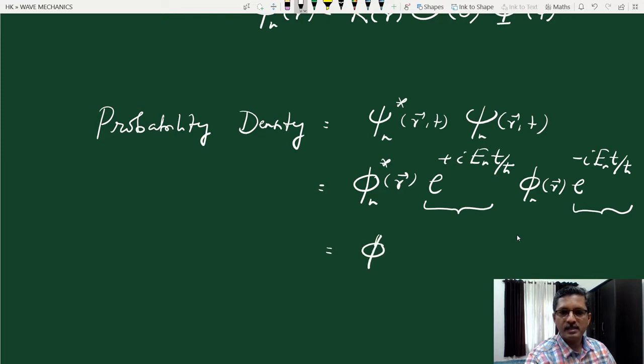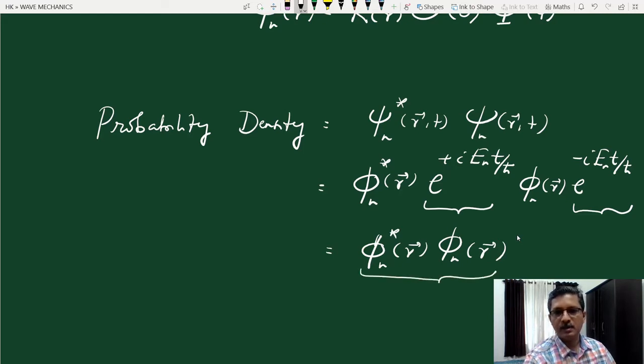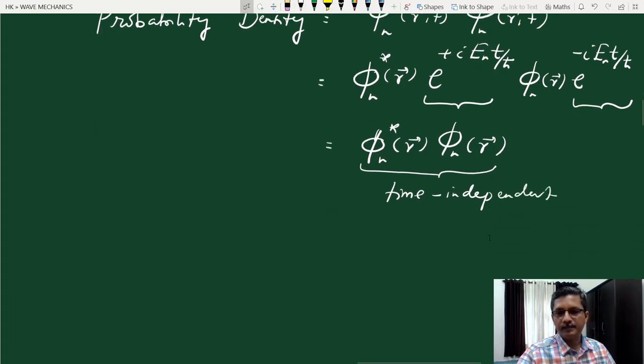So what remains is phi n star phi n. So we can see that the probability density is time independent. It does not vary with time. Probability density of hydrogen atom does not vary with time.